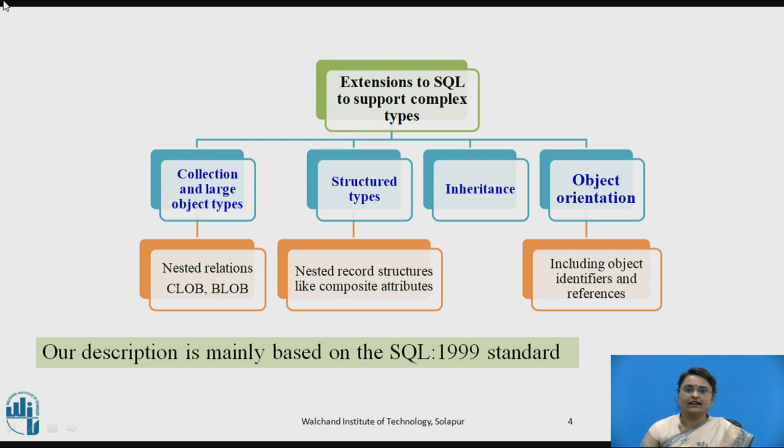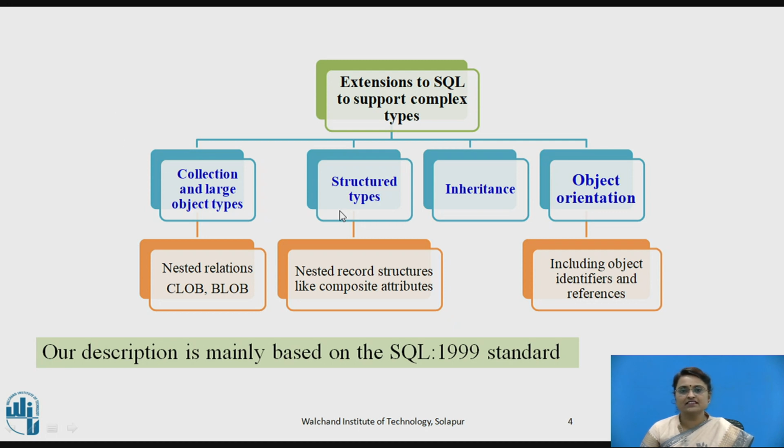Now, let us see how SQL is enhanced by applying object oriented databases. Here we have taken the example of an extension of SQL which supports complex types. You can see in this diagram that the first part is the collection and large object types.